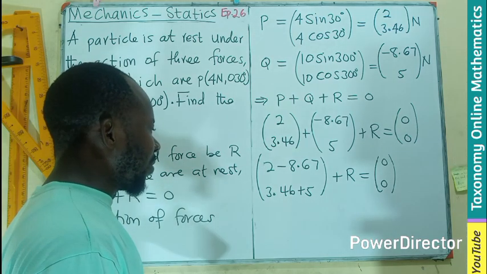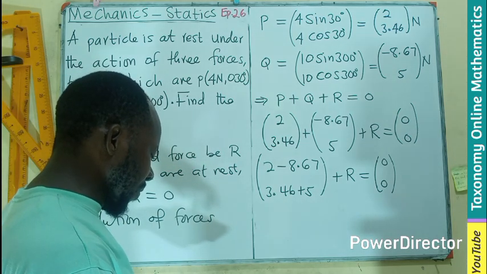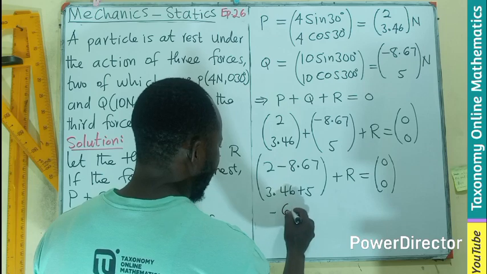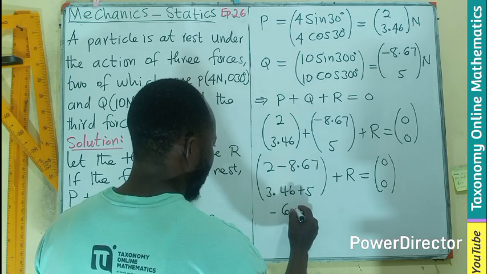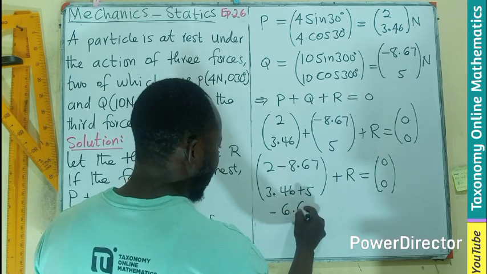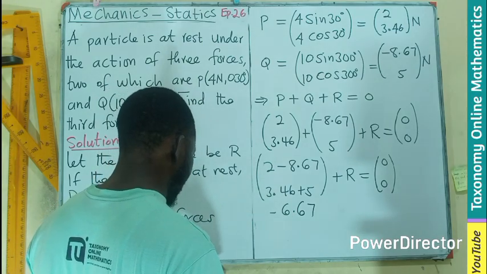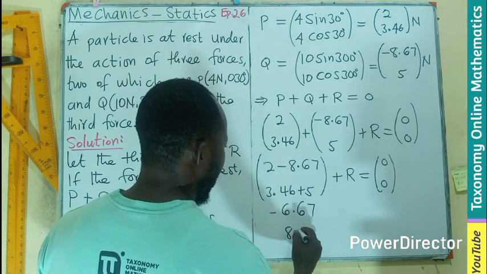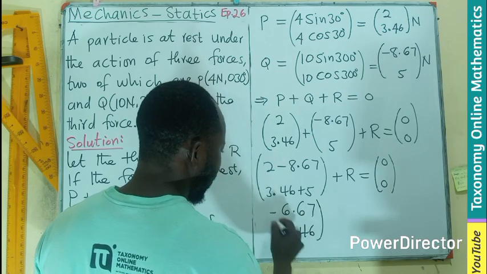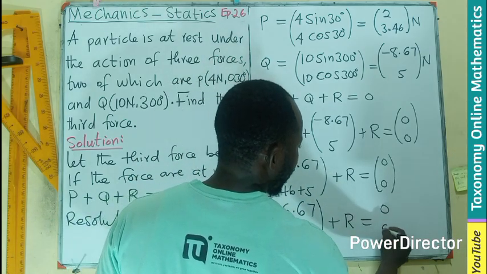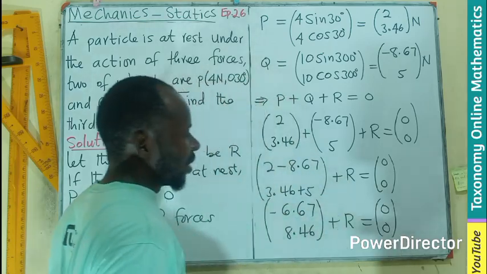Subtracting this gives you negative 6.67. When we add this, it will be 8 point something, which is 8.46. So we have (-6.67, 8.46) plus R equals the zero vector.